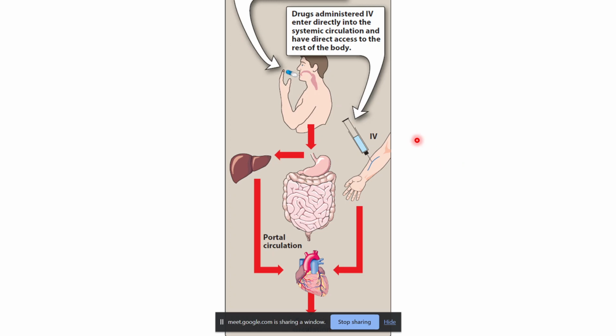After entering the blood, the drug will go through the systemic circulation, and the circulation of the lower abdomen will go through the liver before it goes to the heart.